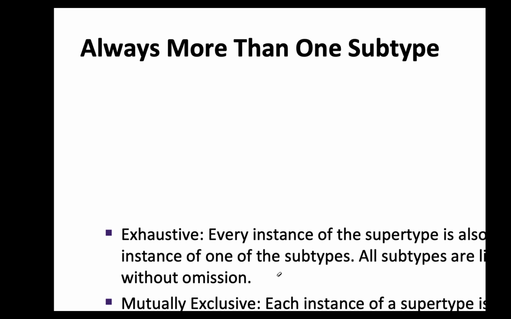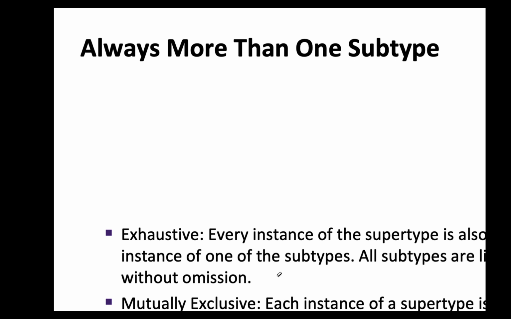And then we have another property regarding subtypes, mutually exclusive. Each instance of a supertype is an instance of only one possible subtype, right? One payment cannot be part of two subtype payments, okay? So this property is known as mutually exclusive.